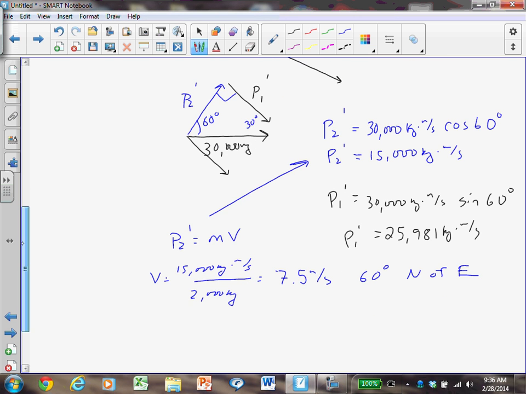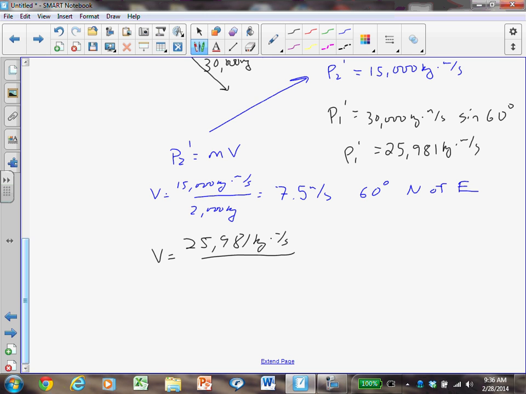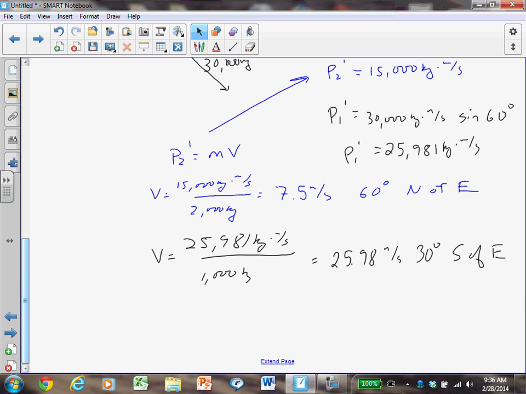And then the other one would be 25,981 divided by 1,000, or 25.98 meters per second at 30 degrees south of east, because that was the direction it's going in.